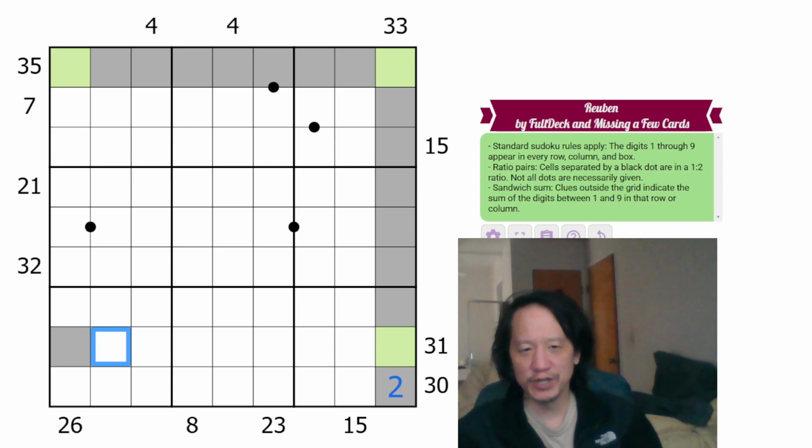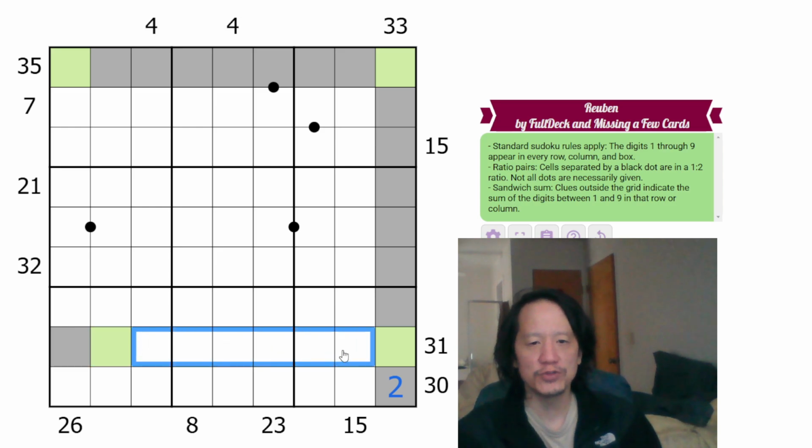I'm not sure if I'm explaining this clearly, but basically this has to be a 1 or a 9. So this must be one specific digit removed, and therefore this must be a 4.